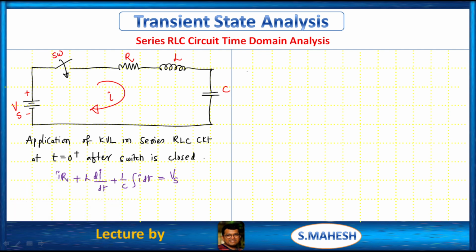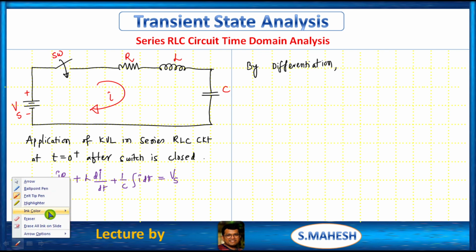because we don't want any integral term, or you can convert that differential part into integral part. So all terms in the equation should be either in differential form or in integral form. But I am more comfortable with differentiation, that's why I am doing differentiation.